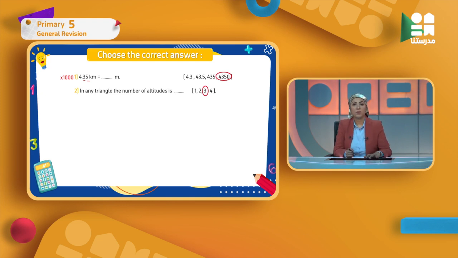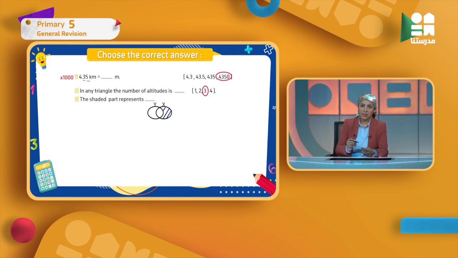Now, question 3. The shaded part in this or in these 2 sets represents what? The shaded part here, I have here the 2 sets y and x, and I have a shaded part in set x, and I want to know the shaded part, the part with the lines, represents what or means what?